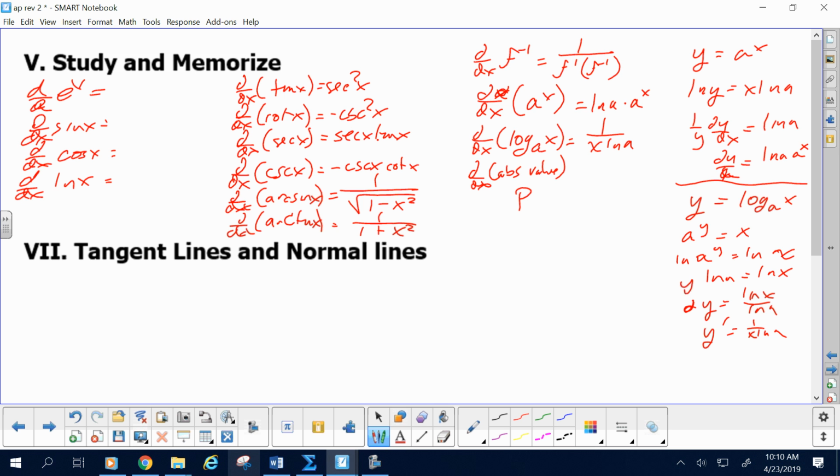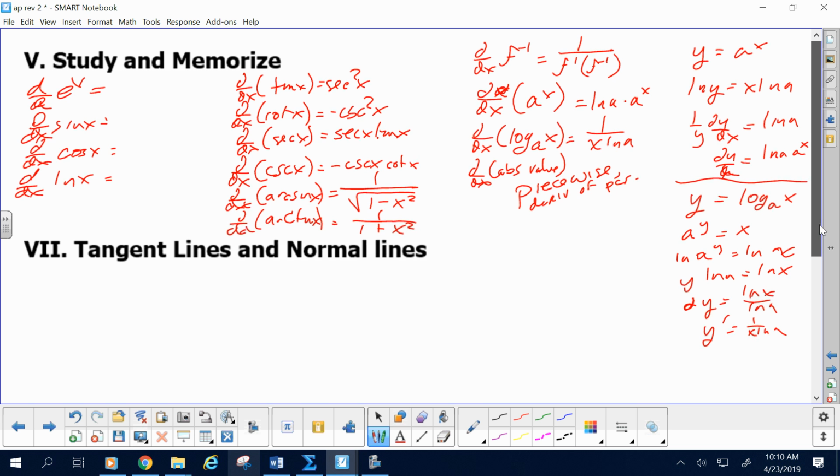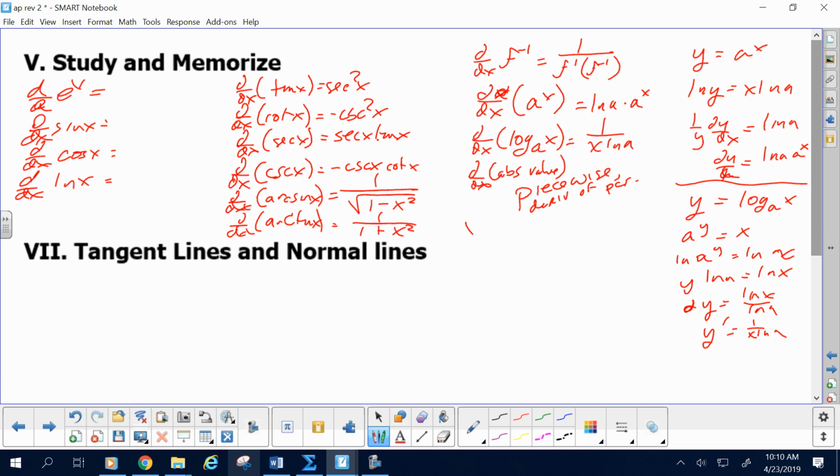You use piecewise, then take the derivative of the pieces. Feels like I'm forgetting one. I can't remember. All right. Remember to take log if there's an x in the exponent.